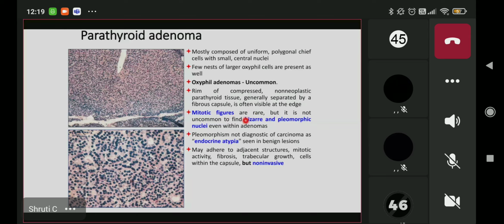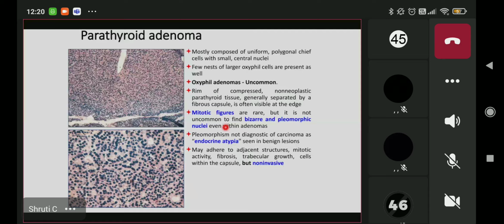Now, mitotic figures are rare in adenomas. You know, usually carcinoma will have worse features, and adenoma is benign, so it will have bland cytological features. Okay, so mitotic figures are rare, but it is not uncommon to find bizarre and pleomorphic nuclei even in adenomas.